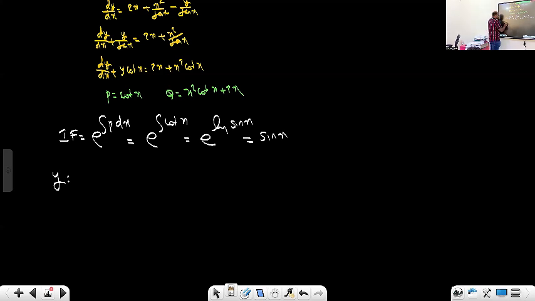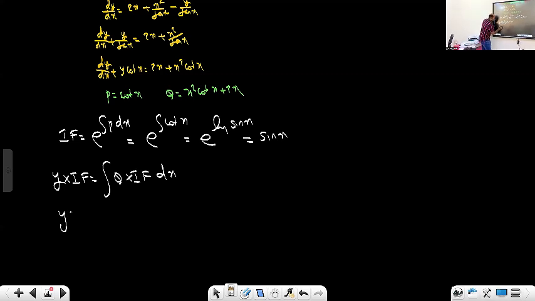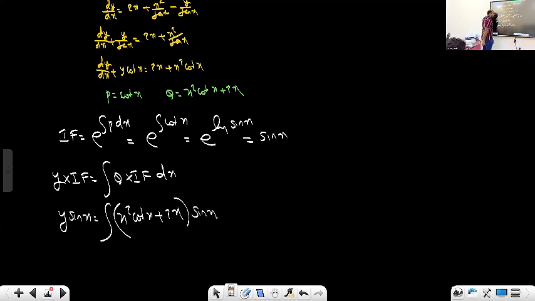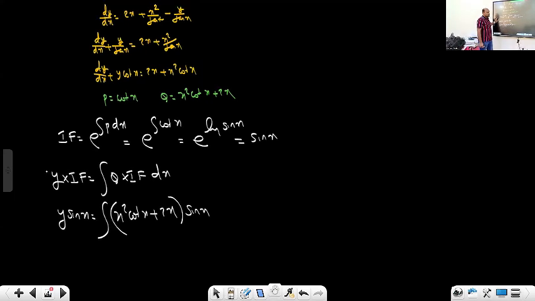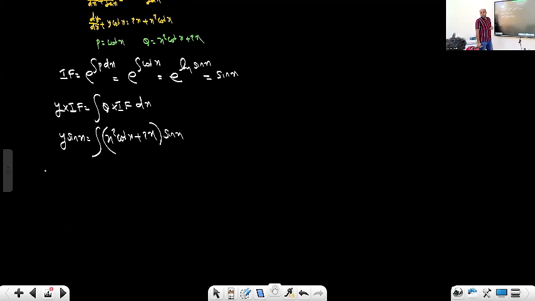y into IF equals integral Q into IF dx. IF is what? Sin x. Q is what? X square cot x plus 2x, into sin x. Cot x into sin x is what? Cos x. Why? Cot means cos by sin. This sin, when you take it, that sin gets cancelled.